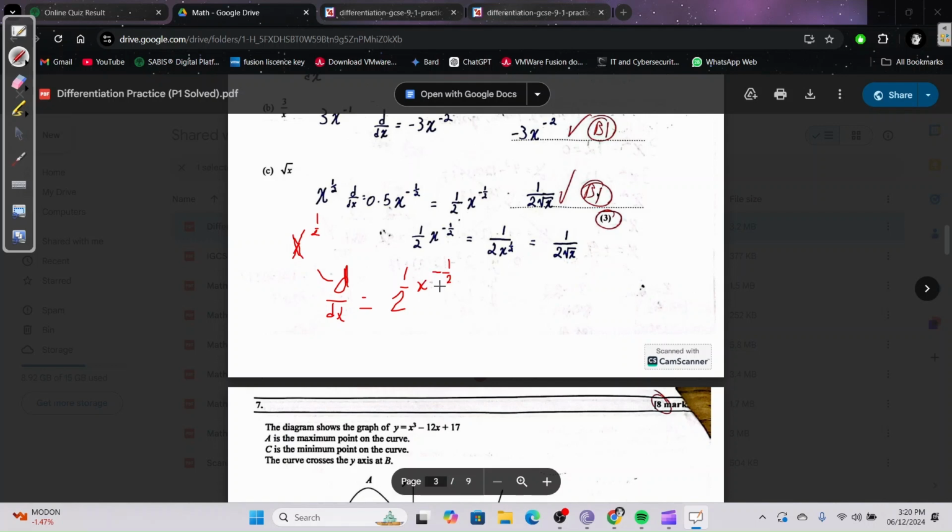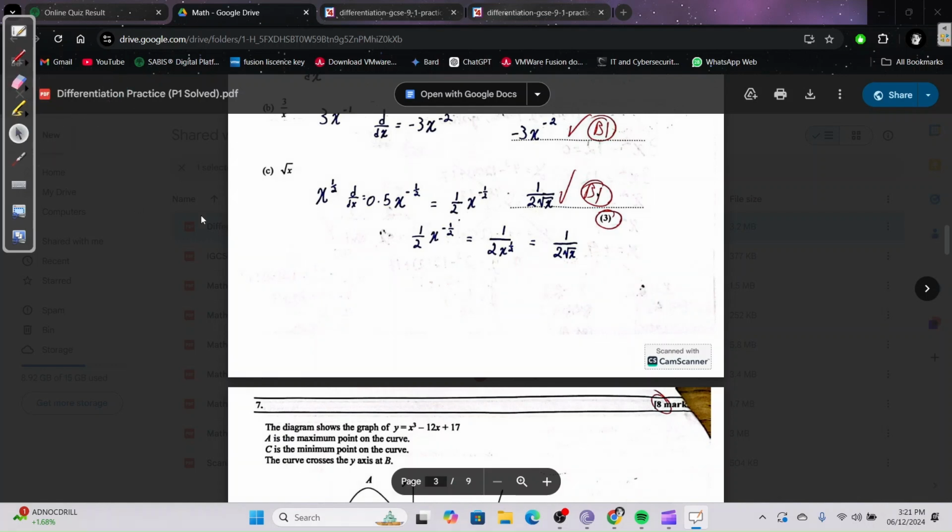This is the x is raised to this power, of course. Which means that this is going to be equal to 1 over 2 x, because remember, if it's negative you take it down, x to the power of 1 over 2, and we just said if it's raised to the power of 1 over 2 it's rooted, which equals 1 over 2 root x. Okay, and this is our final derivative.